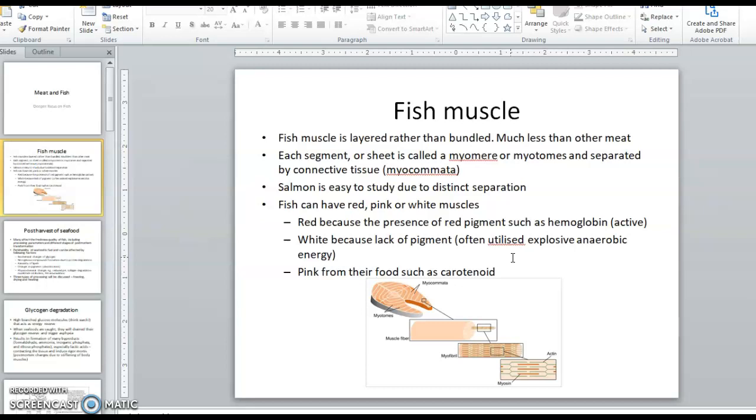Okay, so if you have aerobic respiration, you will need a lot of hemoglobin to bring the oxygen into the muscle. And some fish can show pink muscle because they get this pigment from the carotenoids in their food. Okay, for example, the salmon.